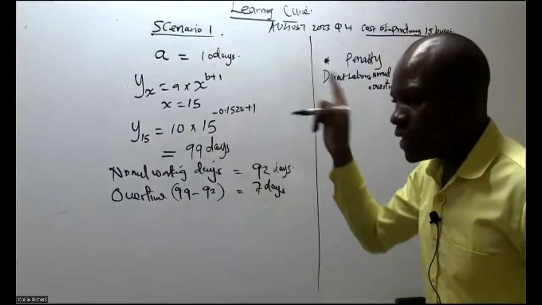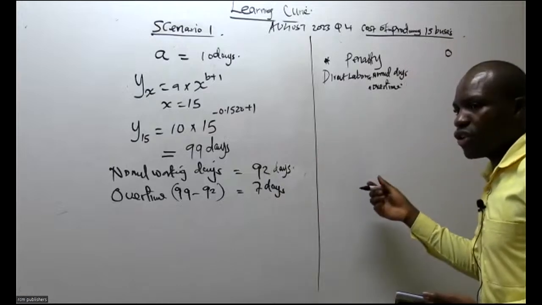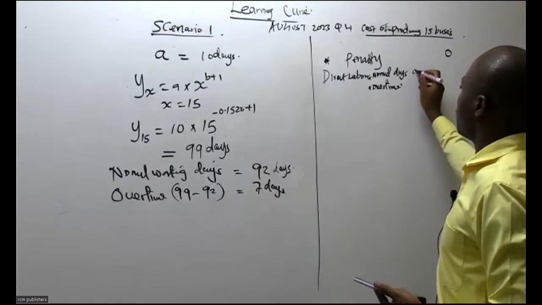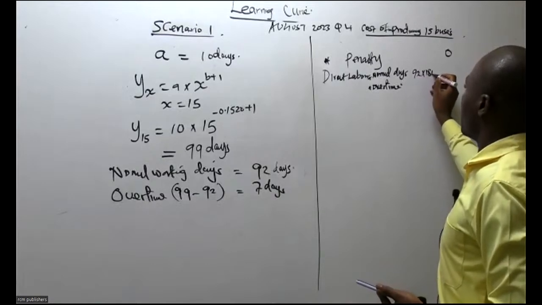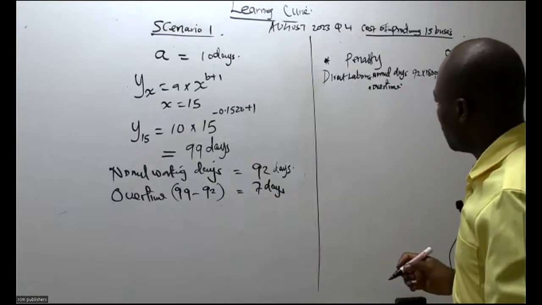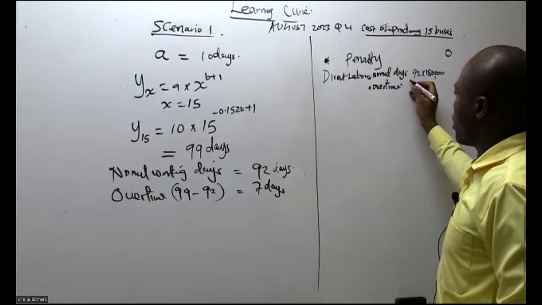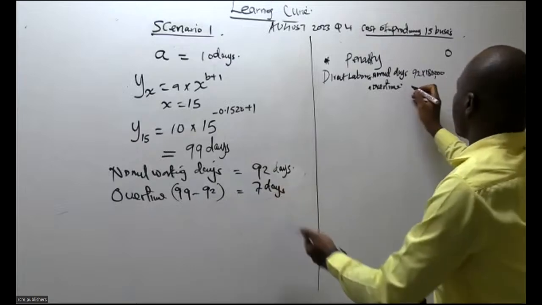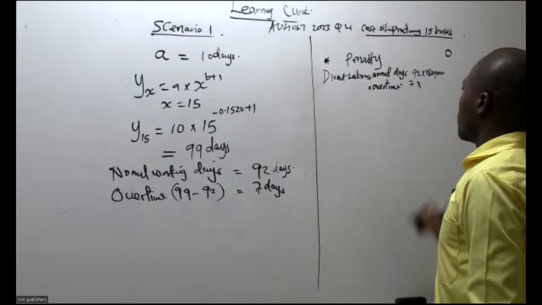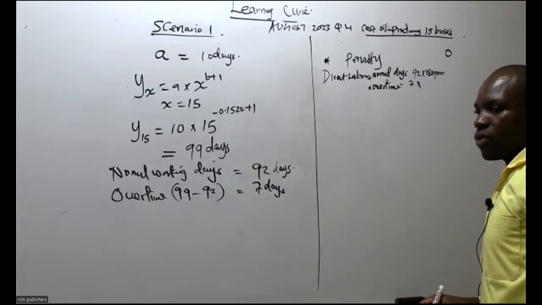It means the first 92 days, they're going to be paid at the normal rate, which is 92 by 180,000. The overtime worked by these employees will be paid at double the normal rate, and the overtime days is 7. So what will be the overtime rate?